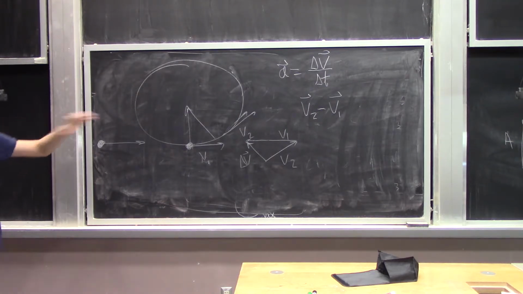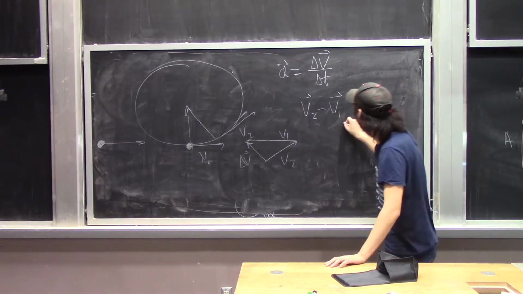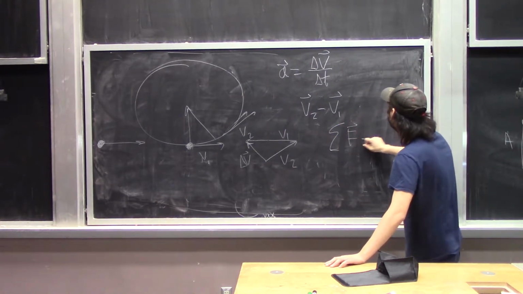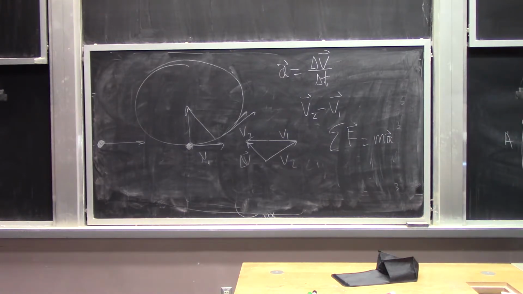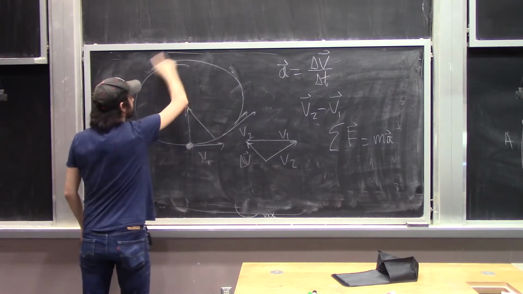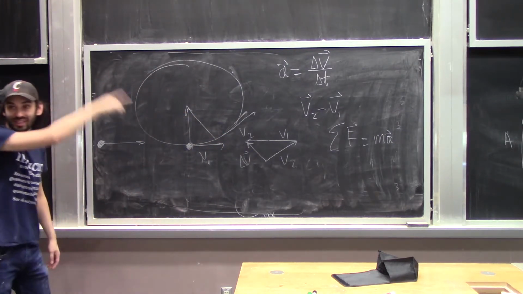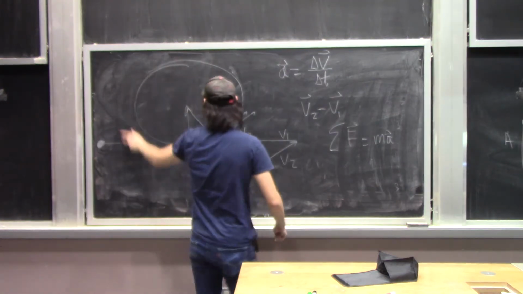In order to get to the force from this perspective, we need to say that from Newton's second law, the sum of the forces is equal to the mass times the acceleration. Okay? Now, if we think about coordinate systems such that going around the circle is one coordinate, this has some constant velocity. It's not accelerating going around the circle this way, right?